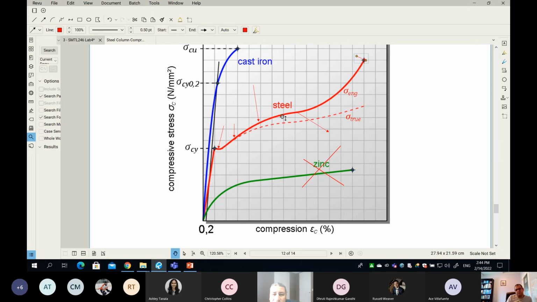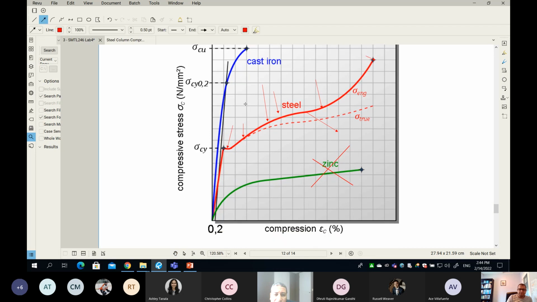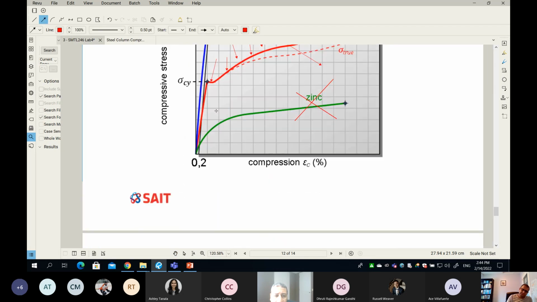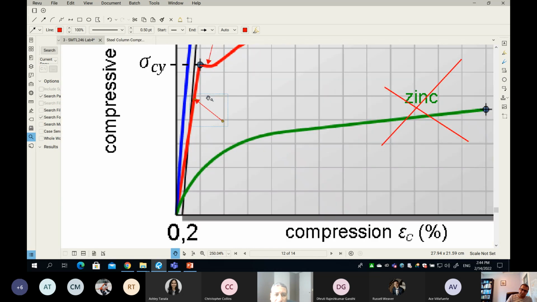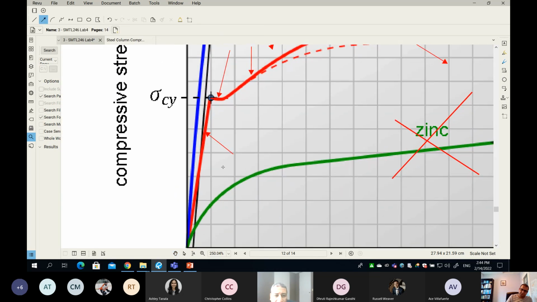While the longer, taller, or slimmer the member, the failure can happen anywhere on the curve. Sometimes it can even happen here, before yield. So sometimes it fails here, or here, or there, depending on what?